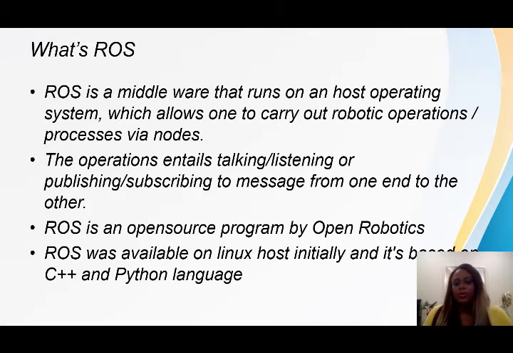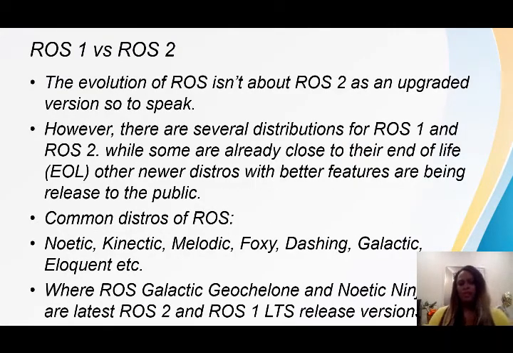There are multiple versions of ROS. There is ROS 1 and 2. We're going to discuss them in our presentation and also let you see some of our demos. ROS 1 versus ROS 2. Most ROS software is open source and free to use.